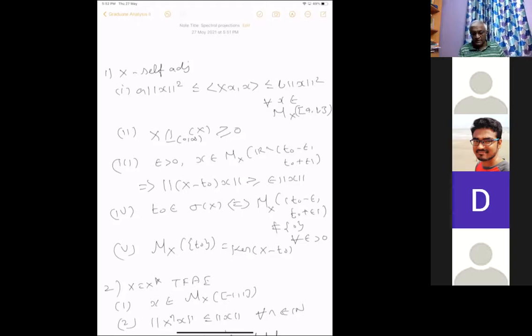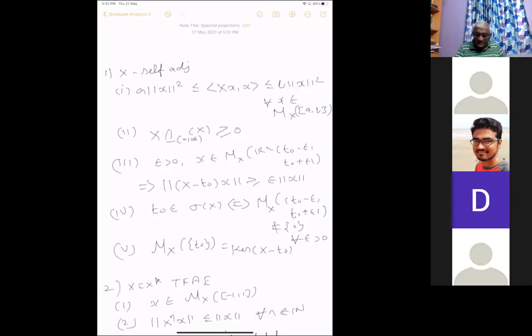this. So it has to be in the orthogonal complement of this subspace, right? Suppose x minus T0, small x is in the kernel of X minus T0, then this norm is 0. So x has to be in the orthogonal complement of this, right?